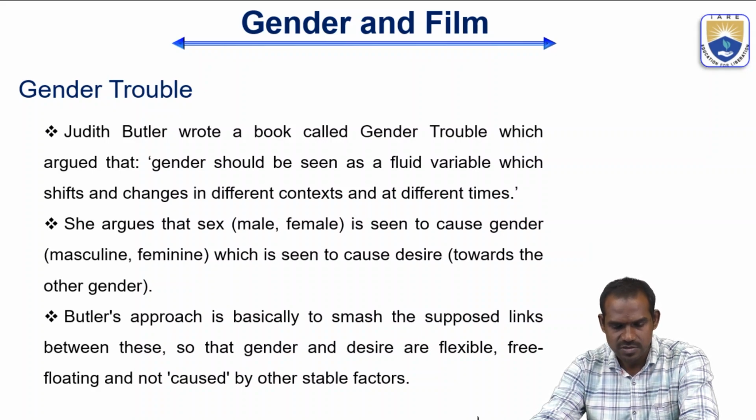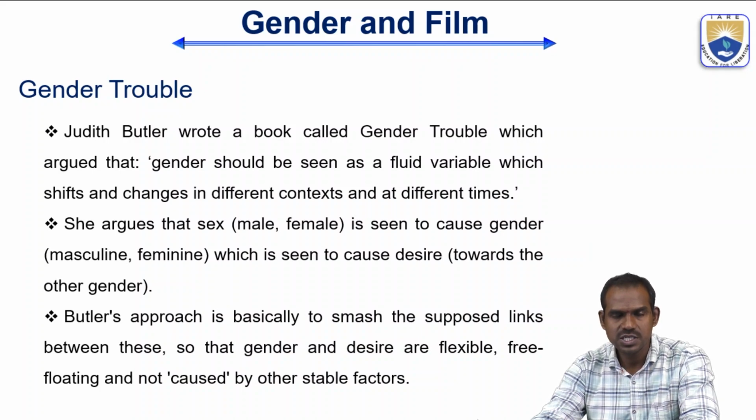Okay, so what she argues, sex is seen to cause gender, means male or female is seen to cause masculine or feminine, which is seen to cause desire towards the other gender, means male towards female and female towards male.